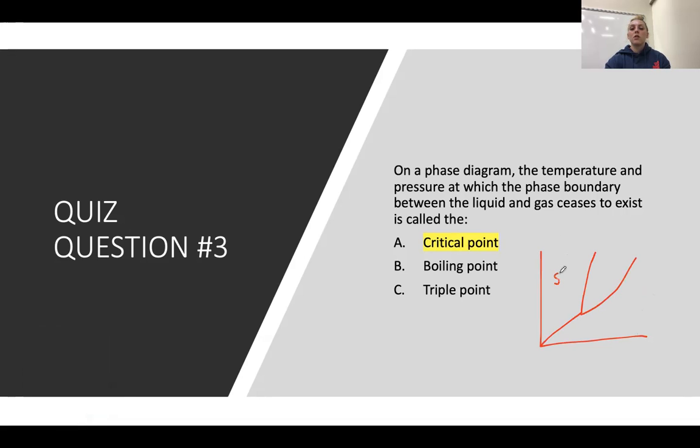And then you have your solids, your liquids, and your gas. Okay, so we're looking for the phase boundary between the liquid and the gas and where it ceases to exist. So that's going to be, if you remember, right here, because again, this is the boundary between solid and liquid, and where it ceases to exist is your critical point. It's just important to remember that that's where it stops.